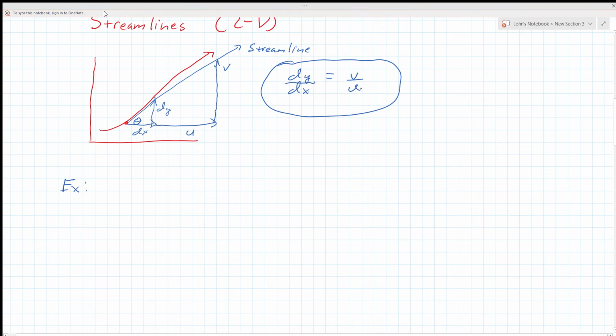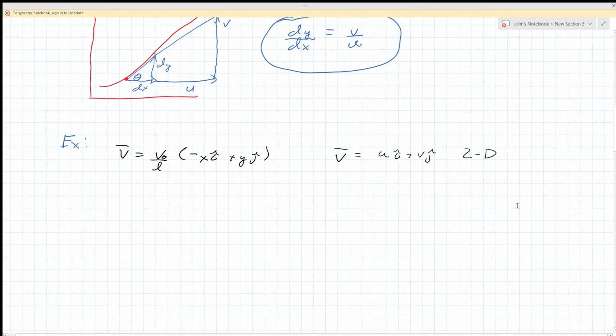Change back to black. I have my velocity vector field here, v naught over L times negative x in the i direction plus y in the j direction. Remember, v is u i plus v j. It's 2D, so we don't care about what w is.